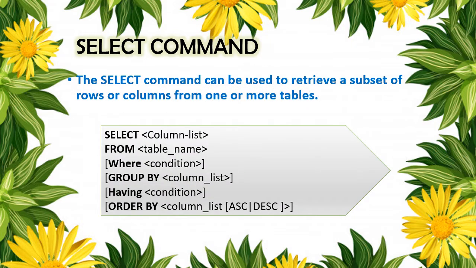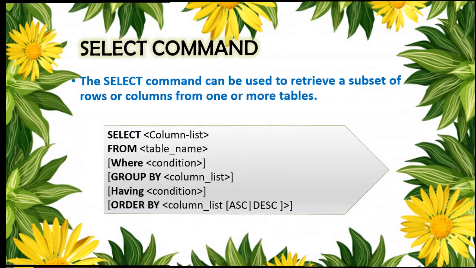The general form for select is: select column list from table name. These are optional: where conditions, group by column name, having conditions. When you are using group by, we should not use where. And order by column is in either ascending or descending order.